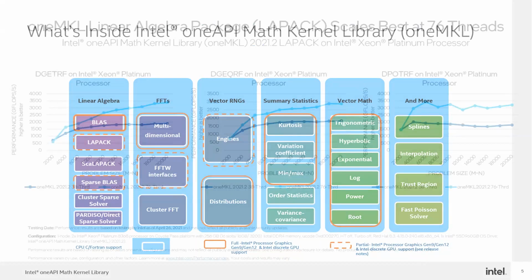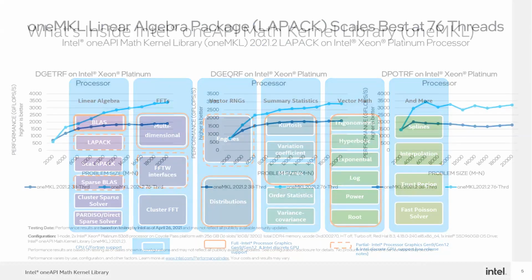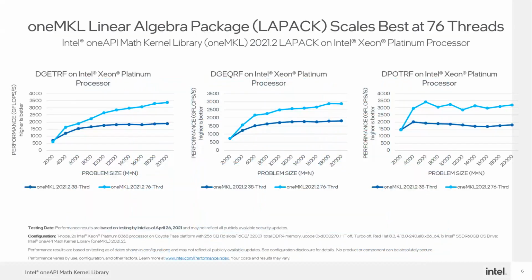A quick presentation on what you can get. It's just some LAPACK functions. The first is LU factorization, second QR factorization, and the last one is a Cholesky factorization. Those are running on samples on the Xeon Scalable processor 8368, a 38-core at 2.4 gigahertz.